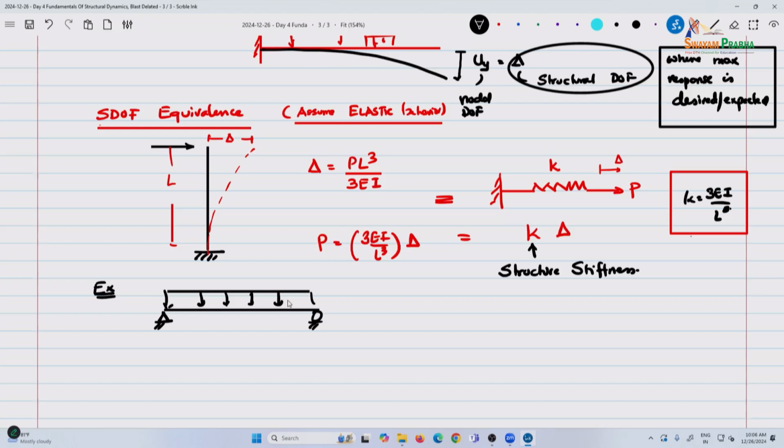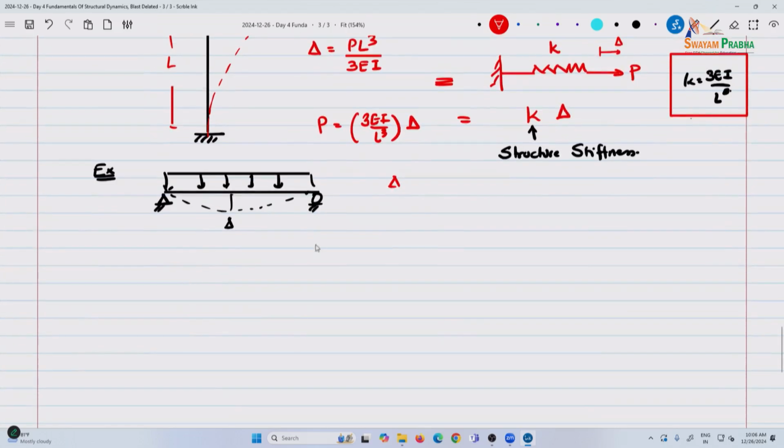We'll talk about that also. So here you have the deflection, and this is delta. And delta in this case is, as we have seen yesterday, 5 by 384, W L power 4 by EI.